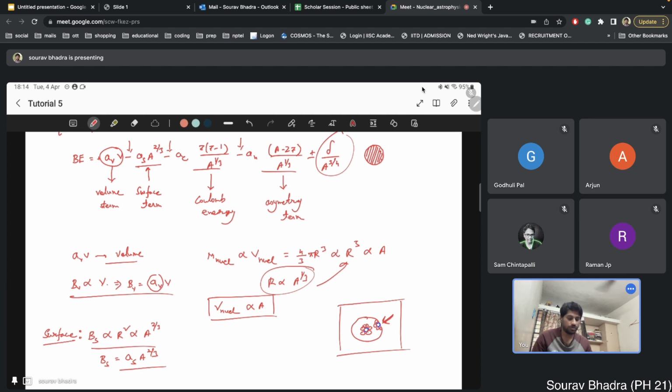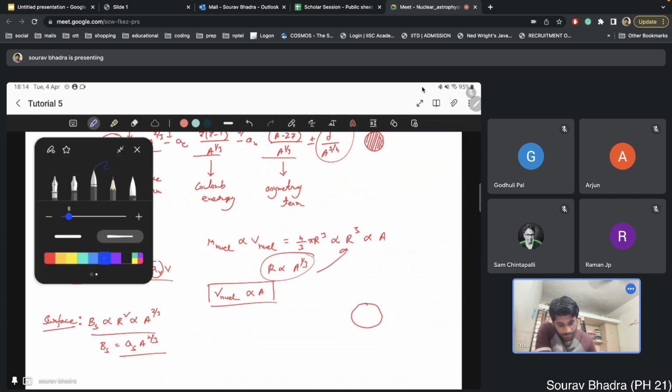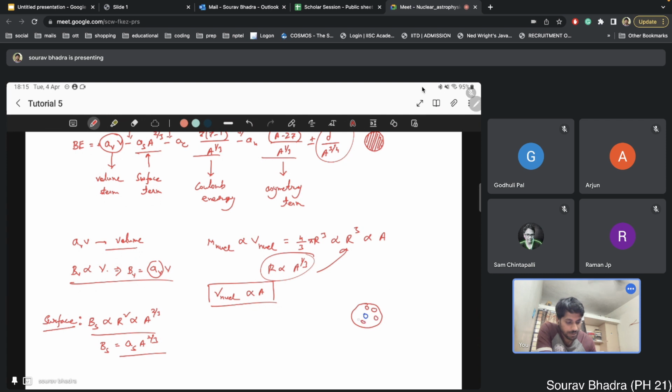It is solely coming from the nucleons at the circumference of the nucleus. Now, coming to the Coulomb energy. So suppose let us consider this nucleus again. If there is a nucleon inside the nucleus, and there are several other nucleons around it, this particular nucleon, which I have denoted by the blue circle, will feel the Coulomb repulsion due to the other protons.